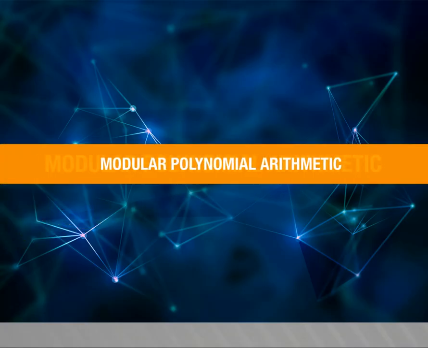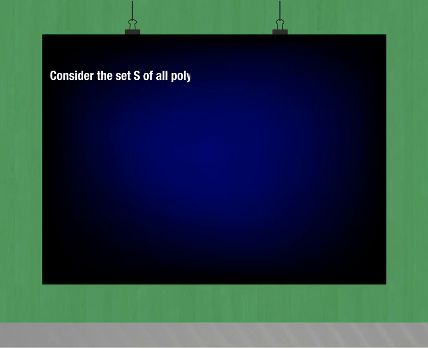Modular polynomial arithmetic. In this video, we are going to see about modular polynomial arithmetic. Consider the set S of all polynomials of degree n-1 or less over the field.